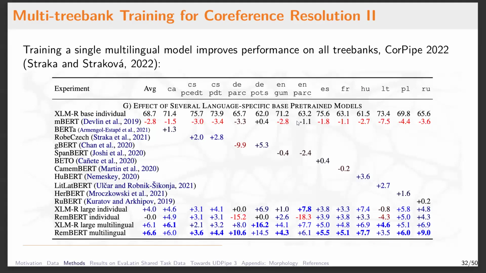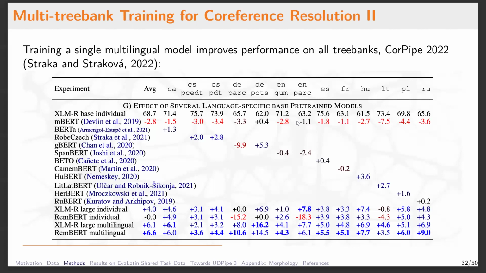I just took the table from the paper, but what I want to show here is the first line is the baseline. These are the absolute numbers. So it's the shared task submission on XLM-Roberta base individually trained on each one and single of the data sets. And these are some numbers that we achieved with that.